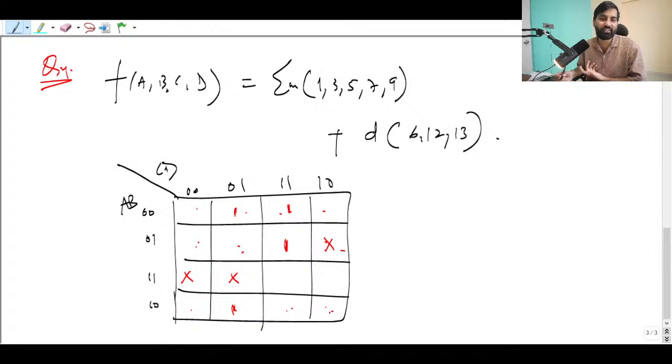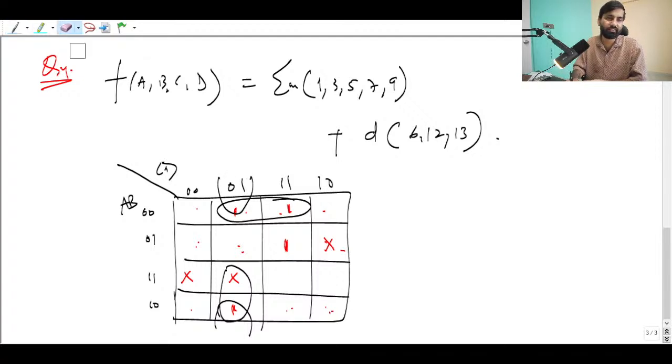It's a very easy way of solving the question. So you can combine these ones. You can also combine like this, or you can also say like this. No problem; the way you want, you can just group them up.